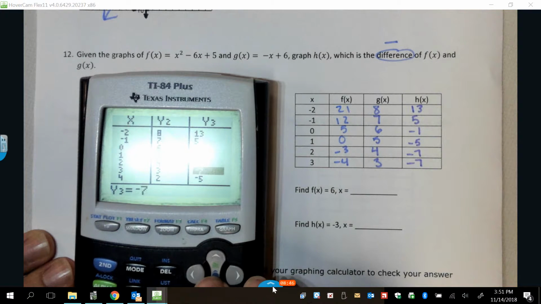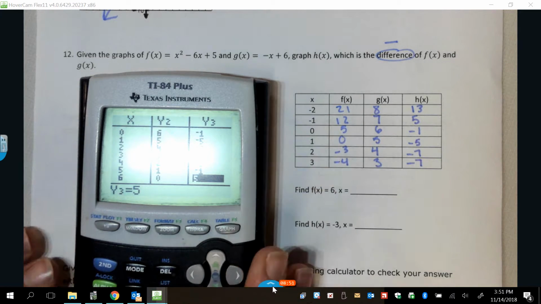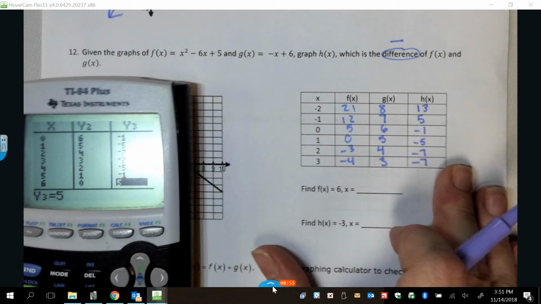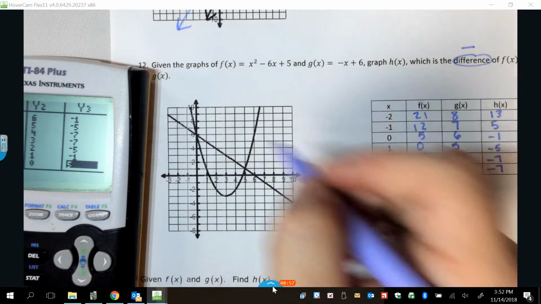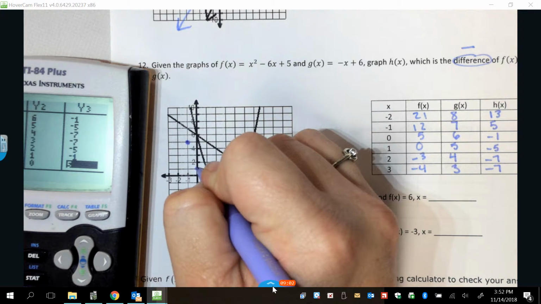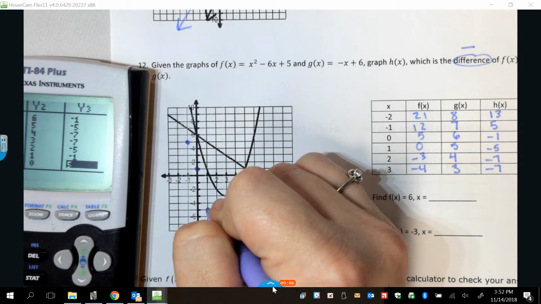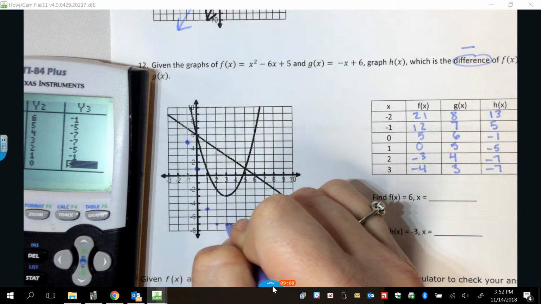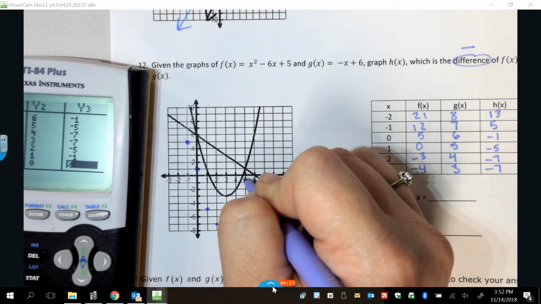Now if you notice, this is a quadratic, and I need to graph it. So I can plot those points. So I have negative 1, 5, 0, negative 1, 1, negative 5, 2, negative 7, 3, negative 7, 4, negative 5, 5, negative 1.